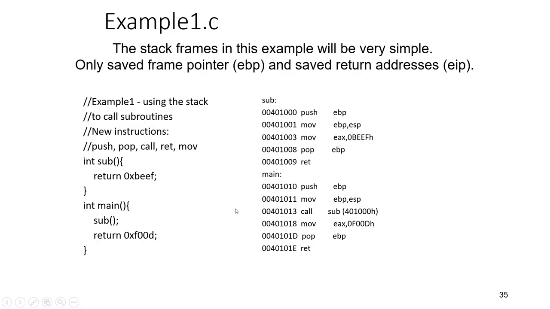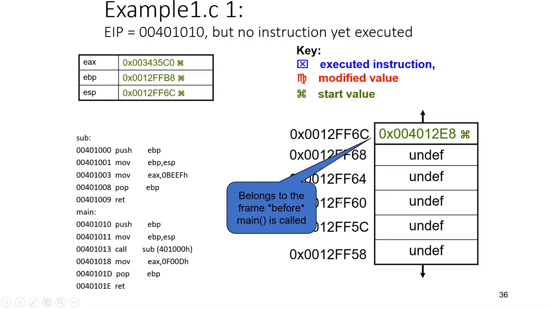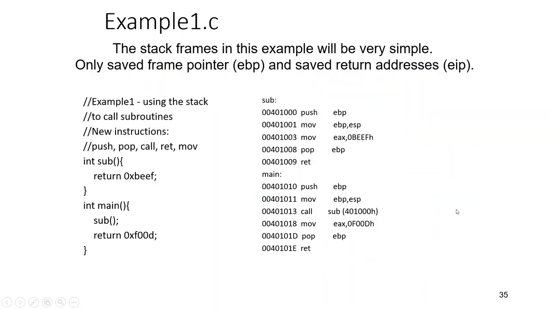There are two conventions which you need to know: Intel syntax and AT&T syntax. In Intel syntax, move EBP, ESP means you take the value of ESP and copy it into EBP. EBP is the destination, ESP the source.